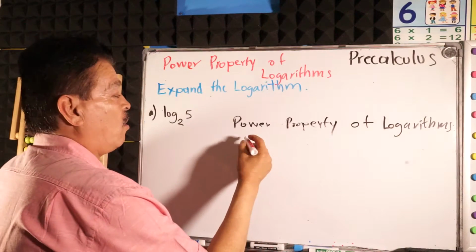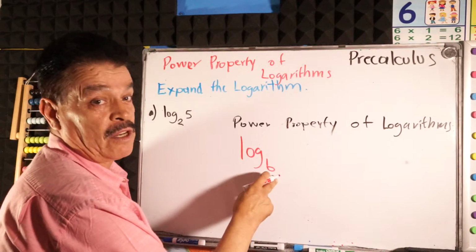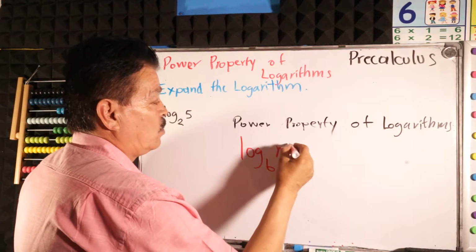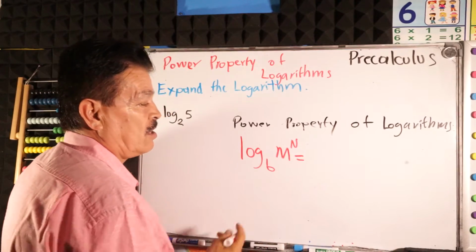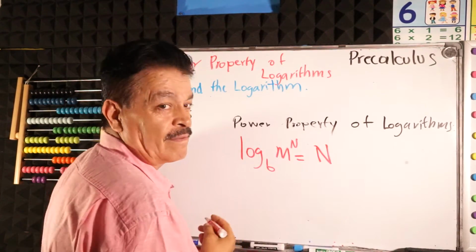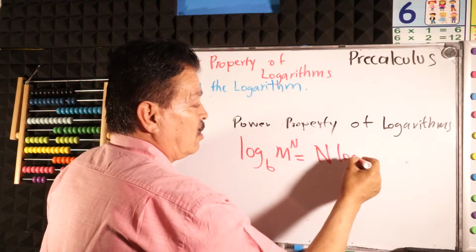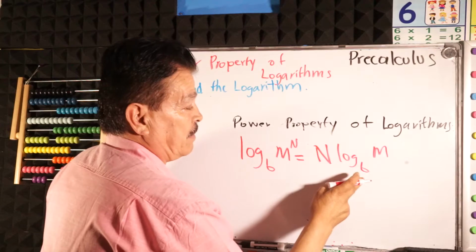Just write log m to the n power with the base b. This equals, this very simple rule, equals n log m with the base b, right?